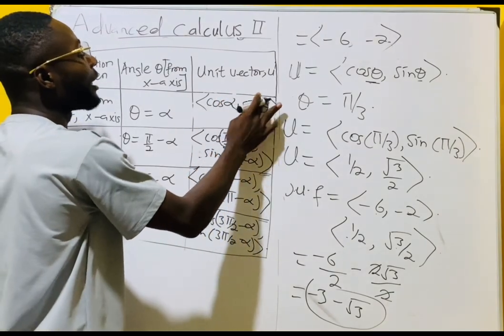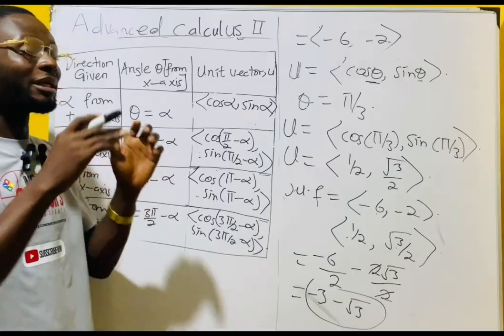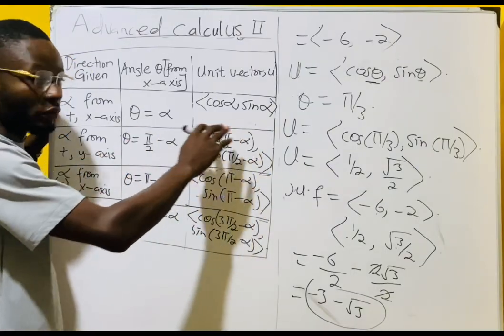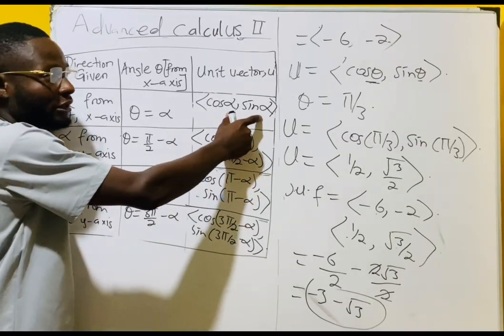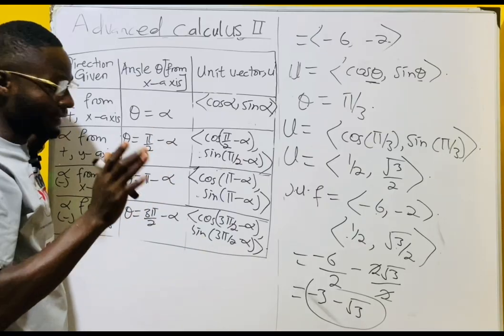Whenever your measurement is not from the positive x-axis, this is the conversion that you're going to do. If it is from the positive x-axis, then it's straightforward. You don't have any conversion to do. You're going to use the angle given directly.